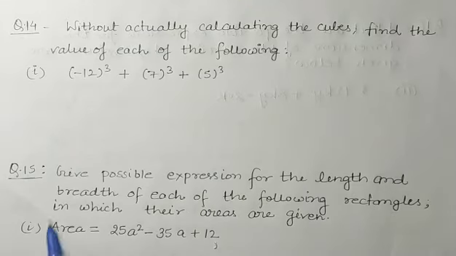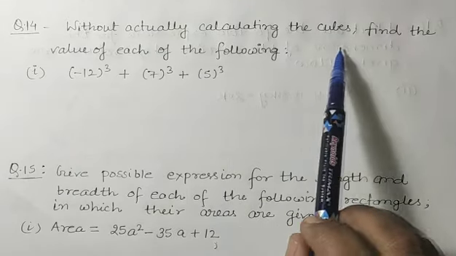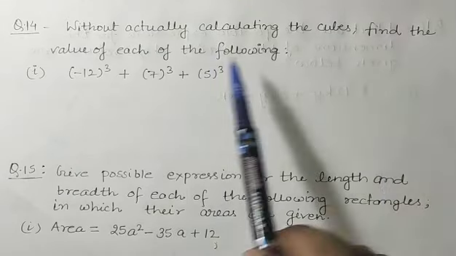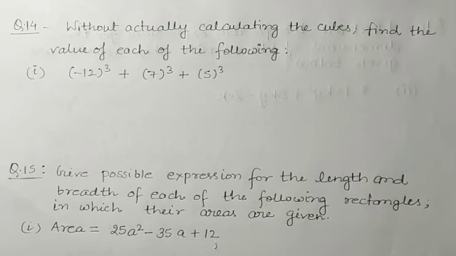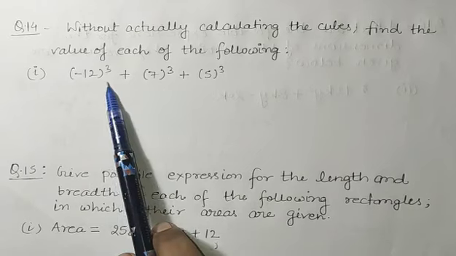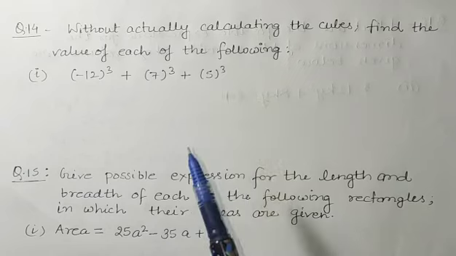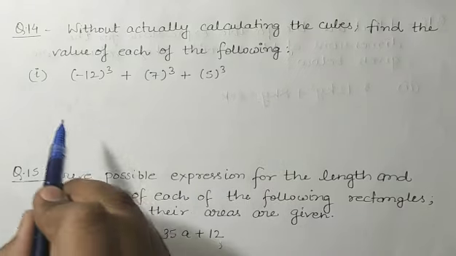Question number 14 is, without actually calculating the cubes, find the value of each of the following. Okay, so students, the first part is minus 12 cube plus 7 cube plus 5 cube. So firstly, think on which identity this question is based on. It is like x cube plus y cube plus z cube, na. So what is the formula of x cube plus y cube plus z cube?